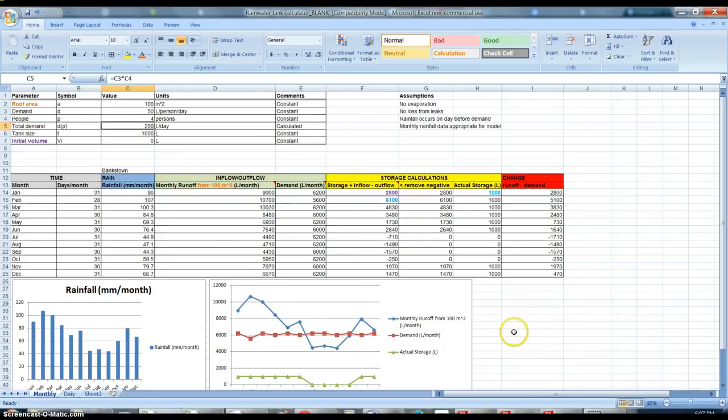So, well, what do we do about that? Well, we could either reduce the total amount of water that we're using, or let's see what happens if we increase the tank size. There we go.